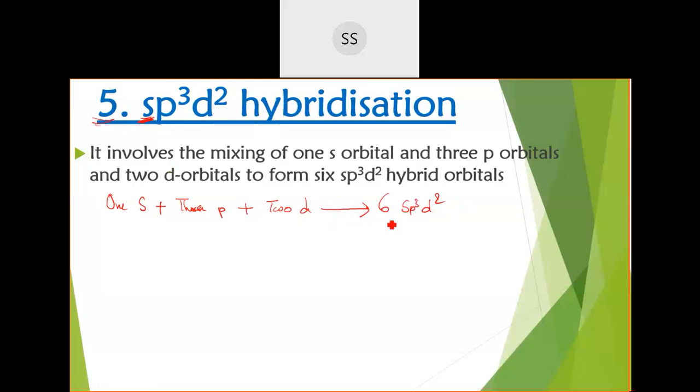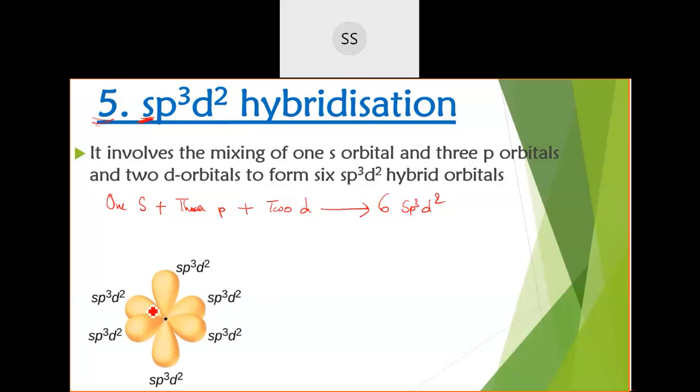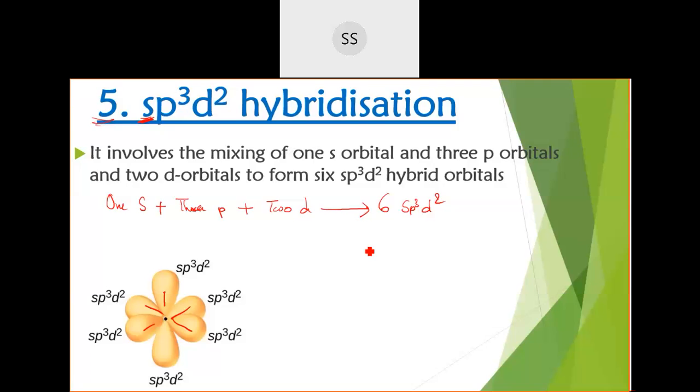So the 6 orbitals should arrange themselves in this fashion, where you can see these are the hybrid orbitals. You will see 1, 2, 3 and 4 on the plane, and then one above and one below the plane. This type of geometry that they exhibit with the 6 hybrid orbitals is octahedral. Why is it called octahedral?